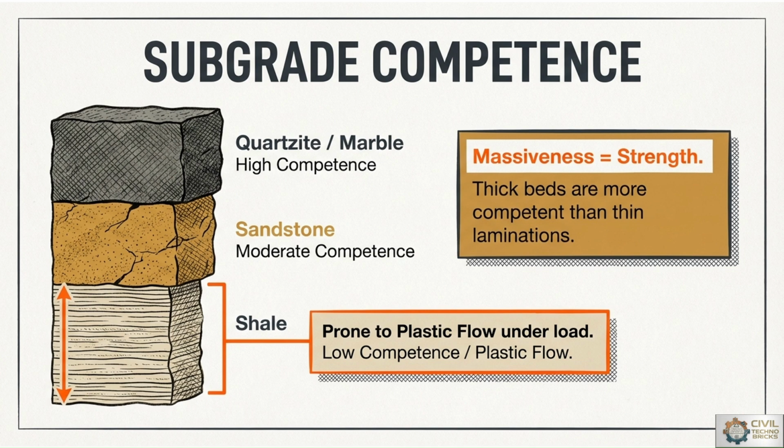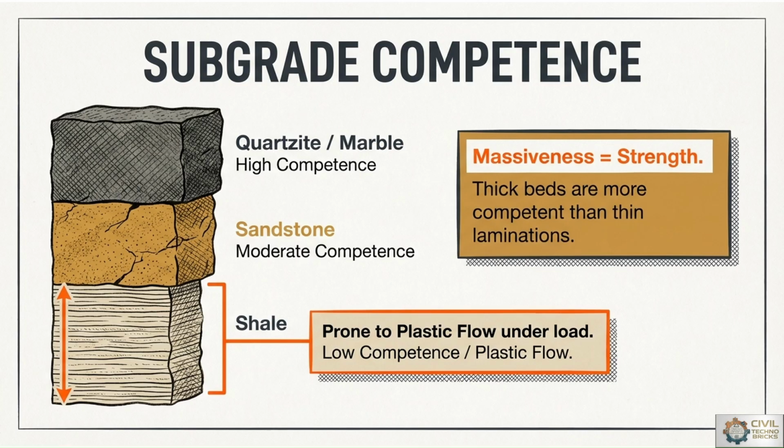They are not as hard as quartzite and marble. Then third, shale type of rock, which is prone to plastic flow under load, with low competence. Where plastic flow is there, we can't prefer shale topography for the subgrade of any type of highway or any type of railway embankment also.